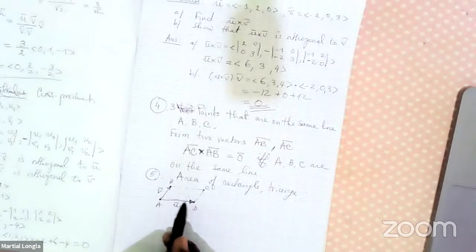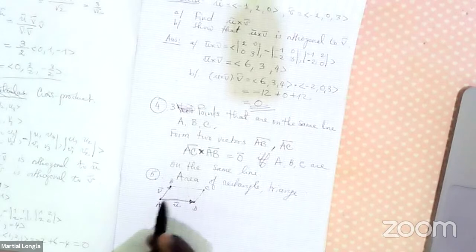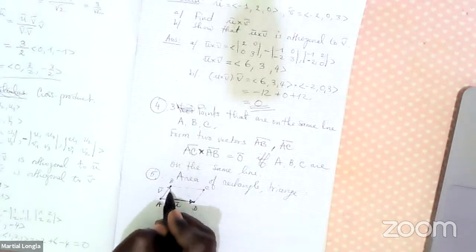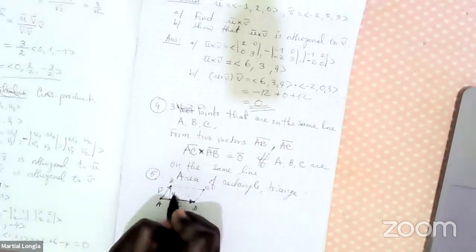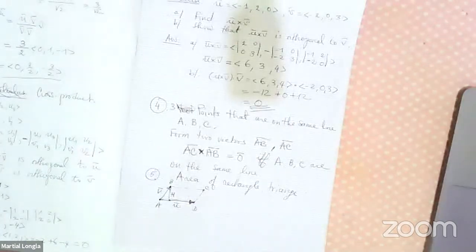Okay? Just tell me, what do you remember from your high school program? How do I find the area of this thing if I know the length here and I know the length here and I know this height? How do I find the area? If I call this H, how do I find the area of ABCD? Anyone remembers?